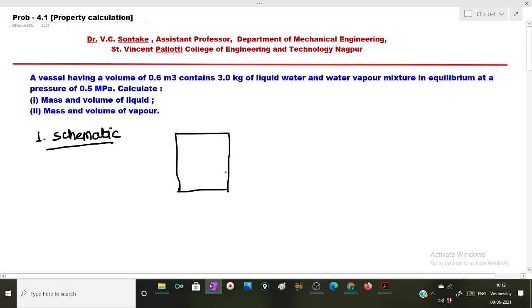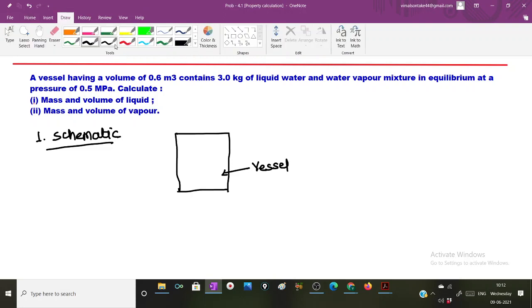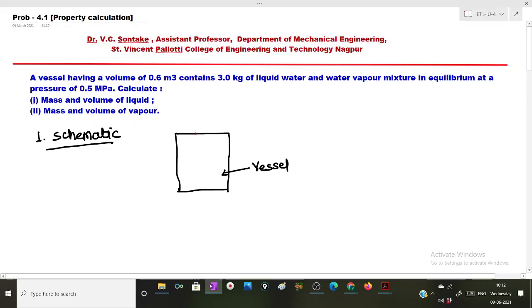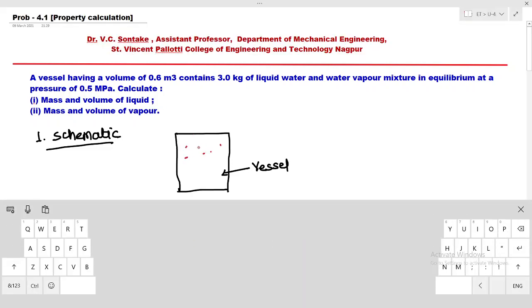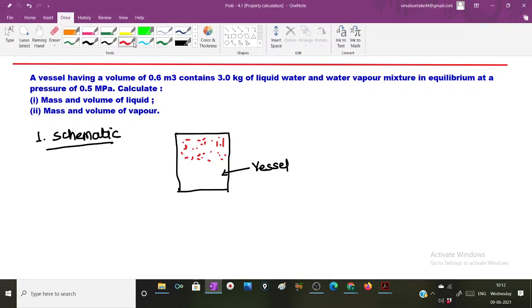And this vessel is containing some vapor and some liquid mixture.